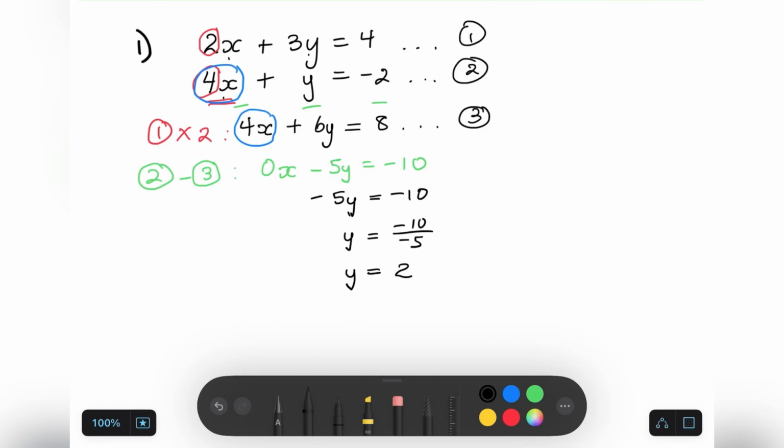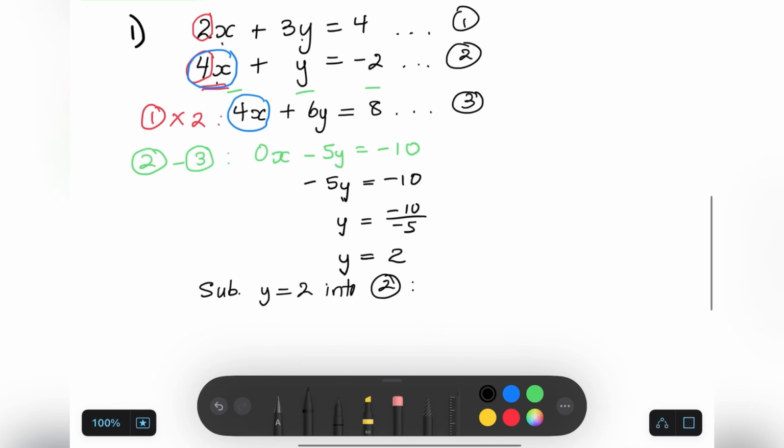I am going to use equation 2. So substitute y is equal to 2 into equation 2. It doesn't matter which equation you substitute it into. You'll still get the same answer, well, you should once you do your algebra correctly. So wherever I have y in equation 2, I'm going to replace it with 2.